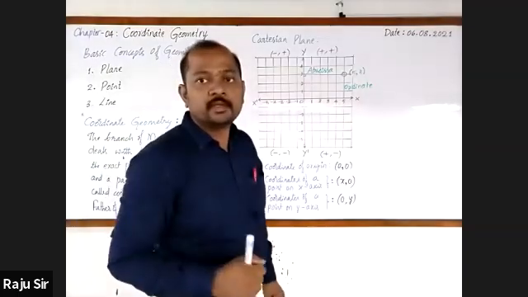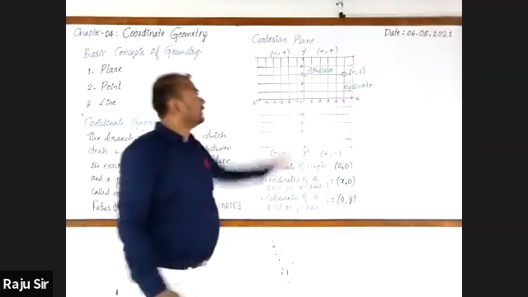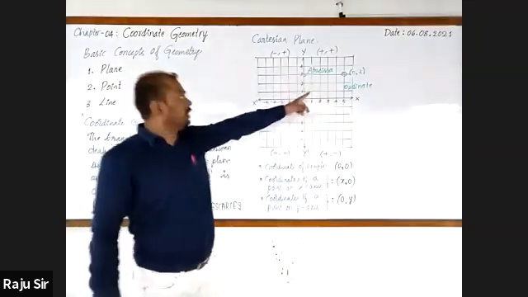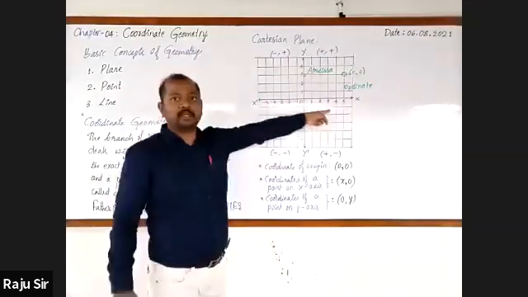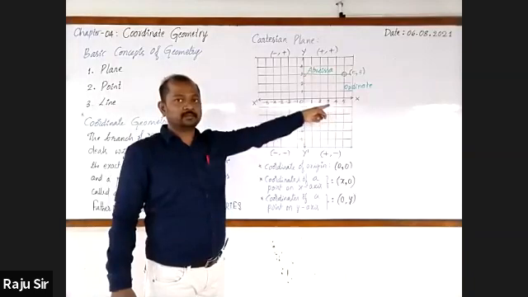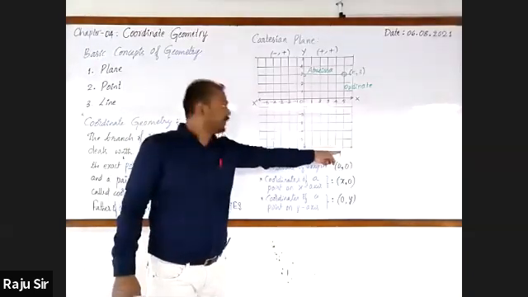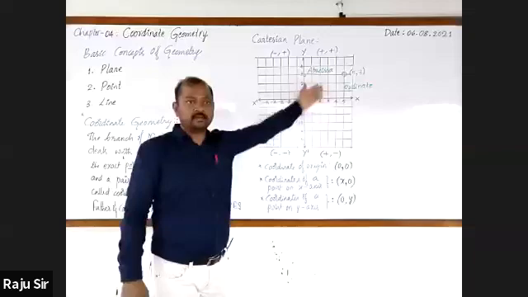Next. Can you tell the mirror image of 5, 3 with respect to the x axis? 5, minus 3.